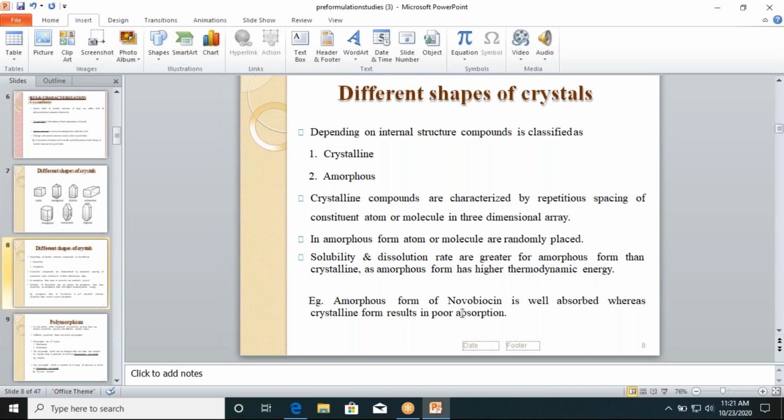That is one example you can put. Novobiocin in amorphous form is absorbed well, whereas in crystalline form it shows poor absorption, because the amorphous form of novobiocin has higher thermodynamic energy compared to the crystalline form.